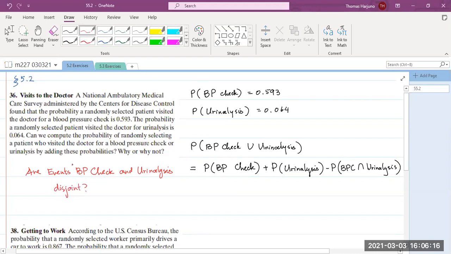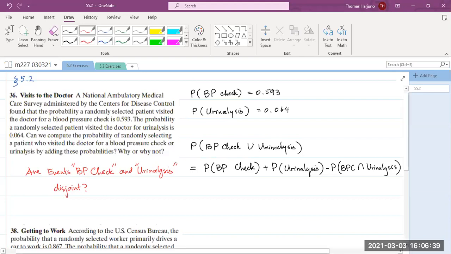Are these two events that cannot happen at the same time? Like when somebody goes to see a doctor, if that person does a BP check, then for sure that person will not do urinalysis, and if that person is doing urinalysis, for sure that person will not do a BP check.